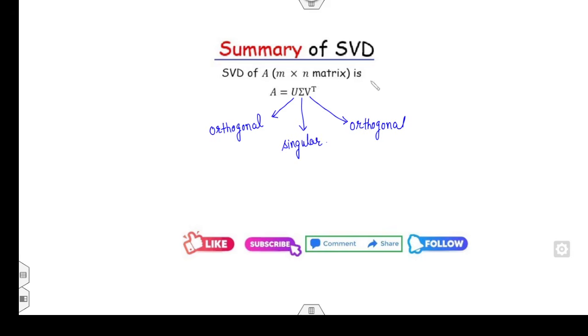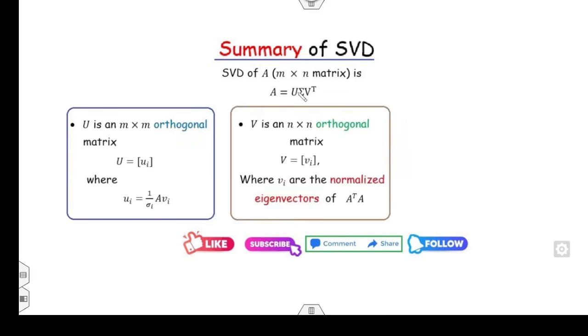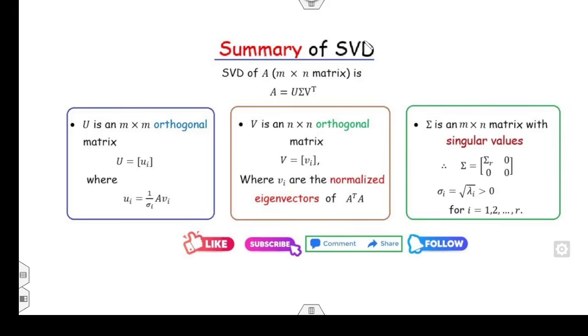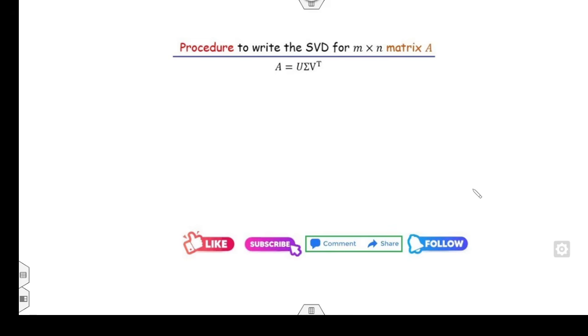But make sure how you can find that. That's very simple. Sigma is a matrix based on the singular values, and the notation is sigma i, which we compute as the positive square root of lambda i. I will explain with the help of several examples in this lecture.